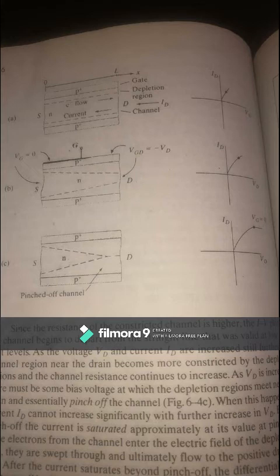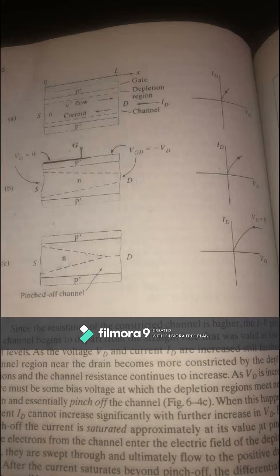But when the drain voltage is increased more, meaning it is made more negative, the electrons are unable to reach the drain, and due to this reverse bias, the conducting region will become narrow near the drain end.